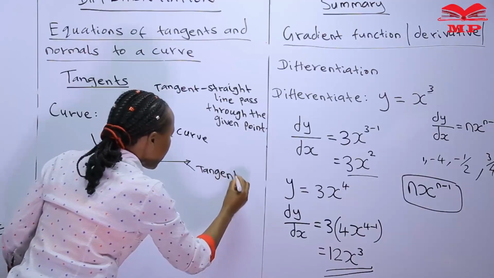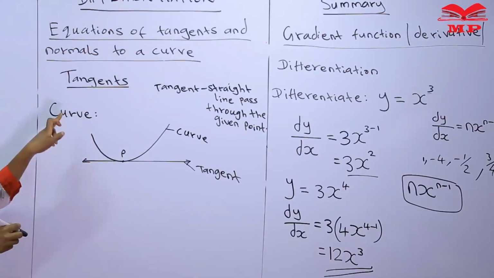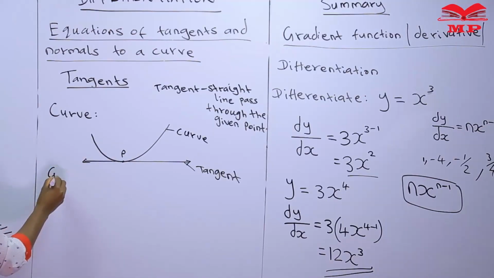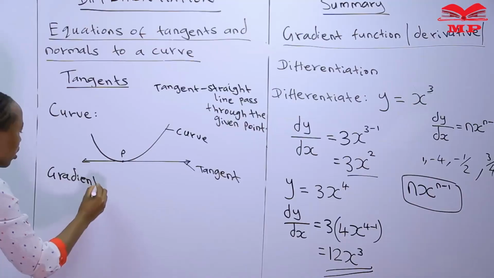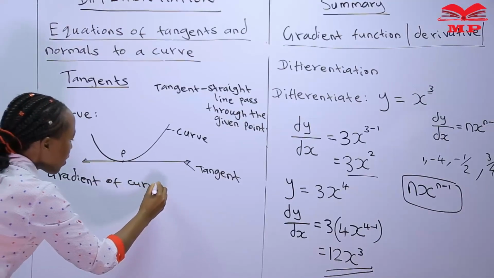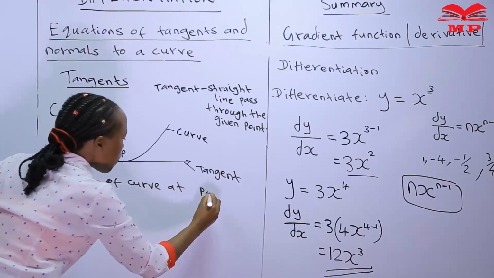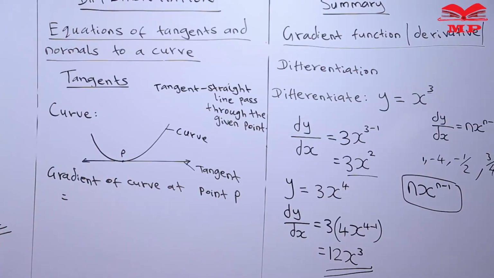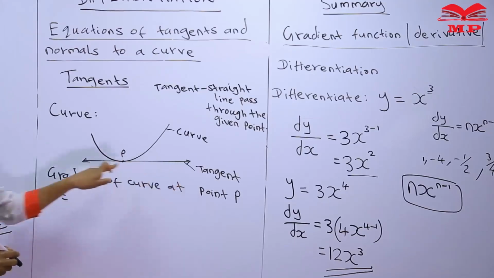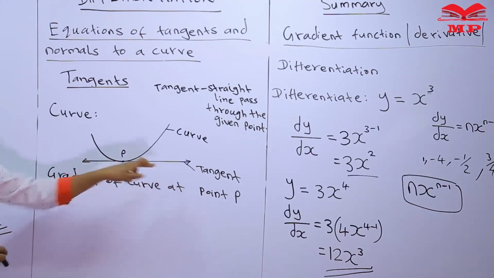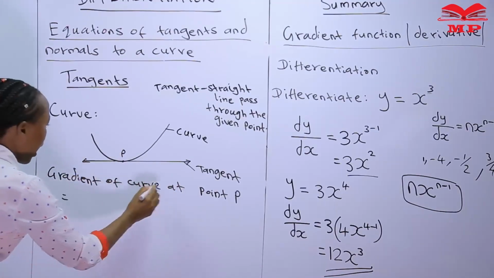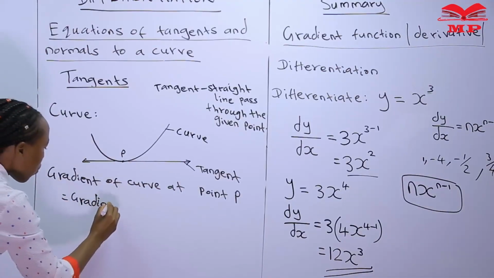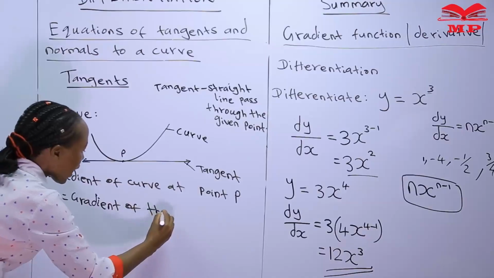So when we want to find the gradient of the curve at point P, we simply get the tangent, and then we find the gradient of the tangent. So the gradient of the curve at point P is equal to the gradient of the tangent.